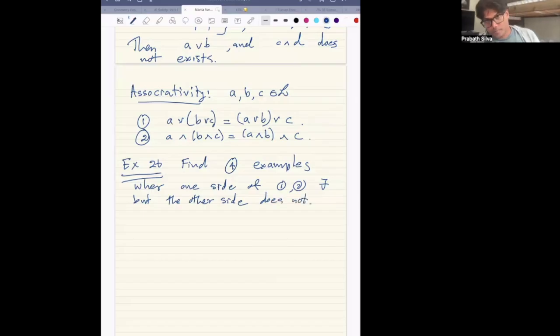I mean, we had 4 examples. You want the first identity, the associative law, and then you find an example where the left side exists and the other side doesn't exist. So there's no point in even talking about these things. Okay.